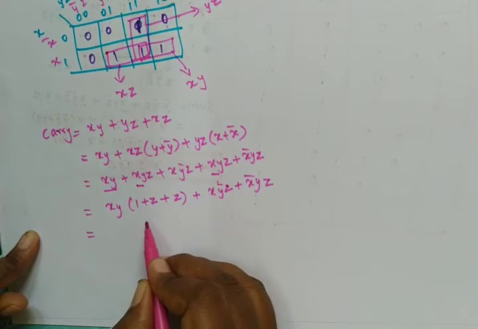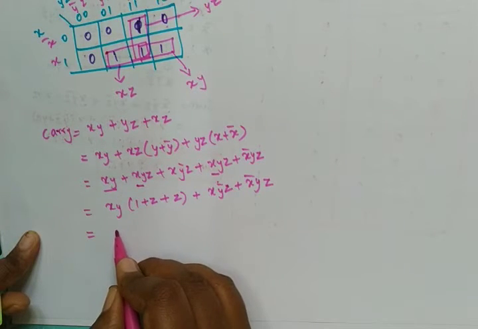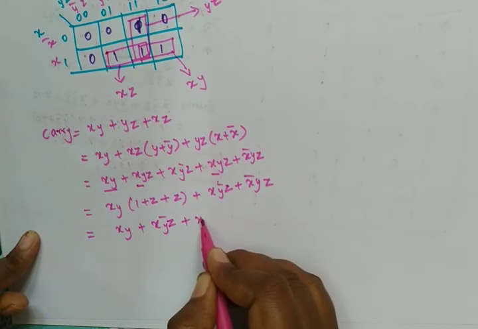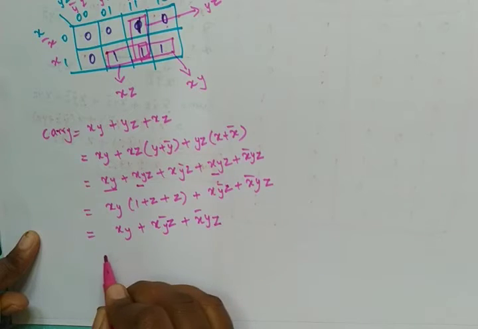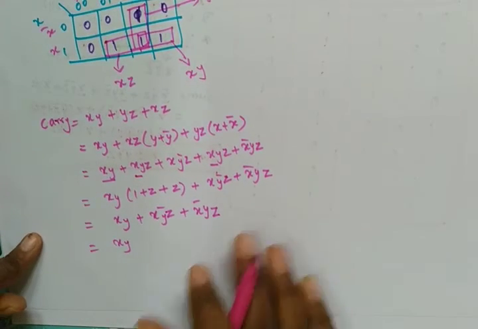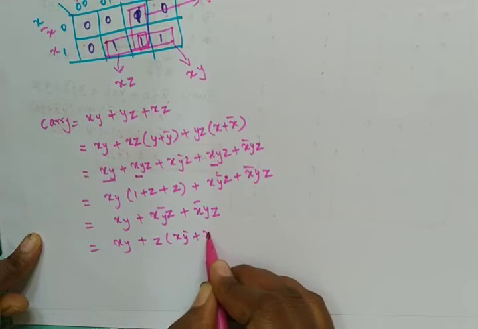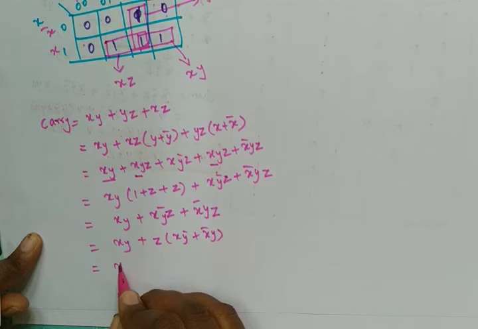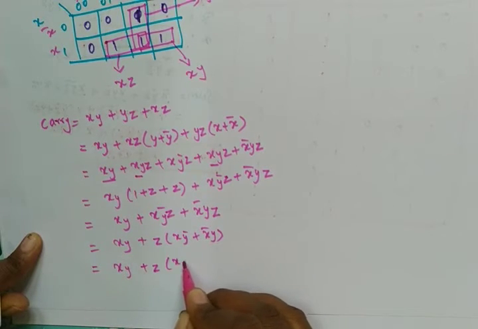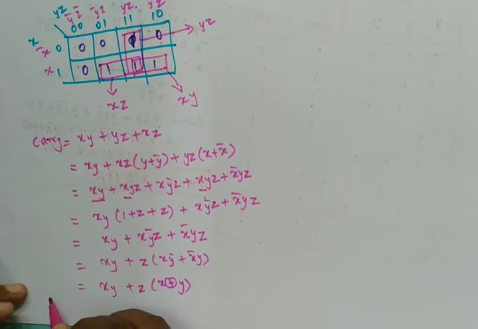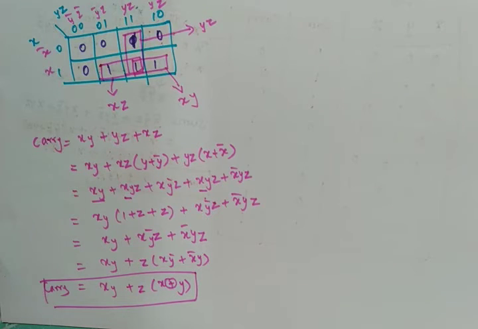We know that 1 plus any term becomes 1, so xy plus xy bar z plus x bar yz. Taking z common, xy plus z into xy bar plus x bar y, which equals xy plus z into x XOR y. This is our expression for carry: carry is equal to xy plus z into x XOR y.